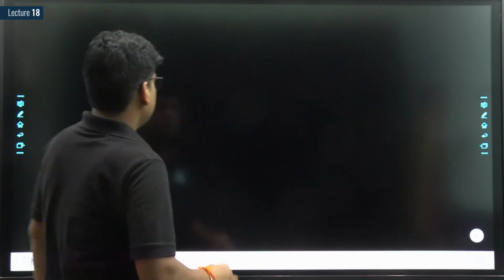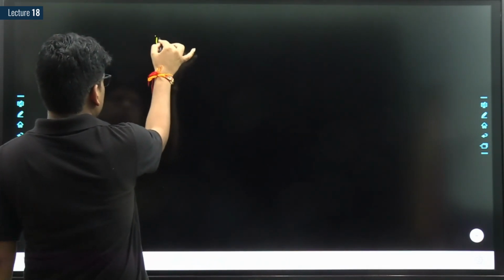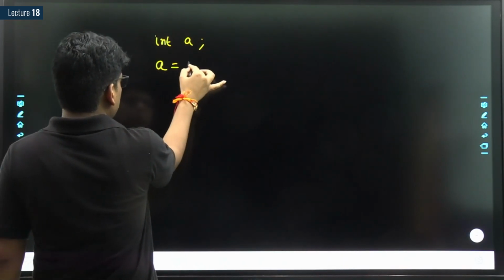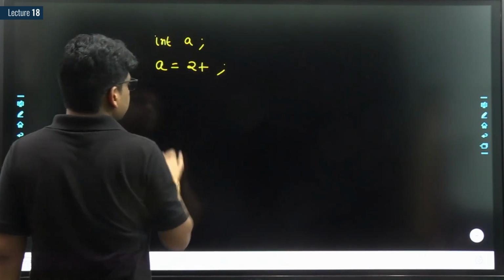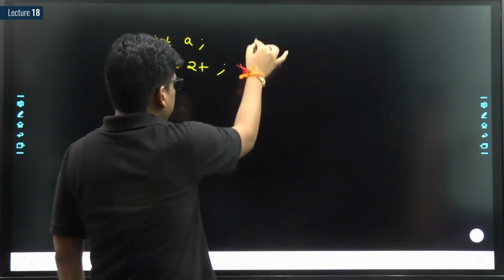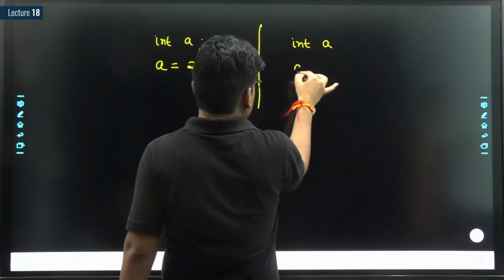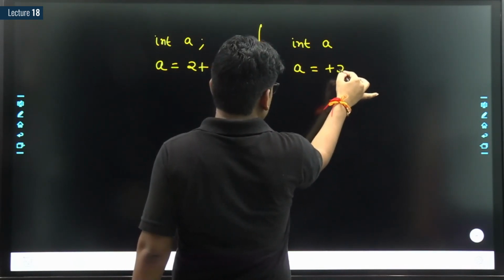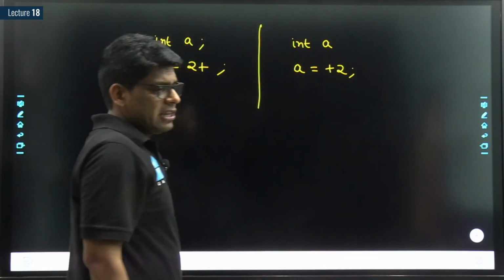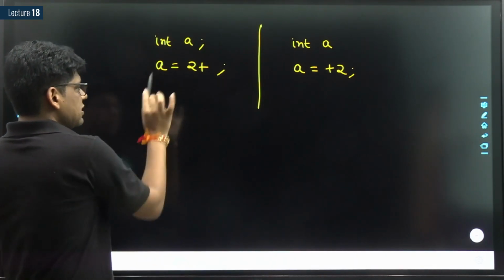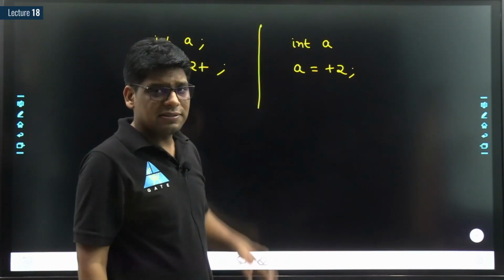Try to understand. If I ask you, int A is equal to 2 plus, okay, int A is equal to plus 2. In which case do we get an error? We get an error in this case only. Why not in this case?